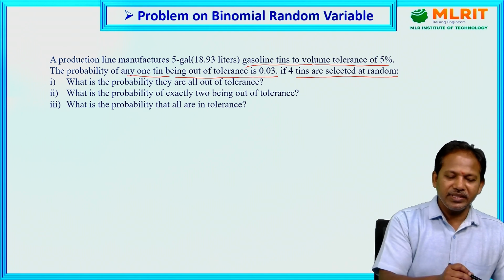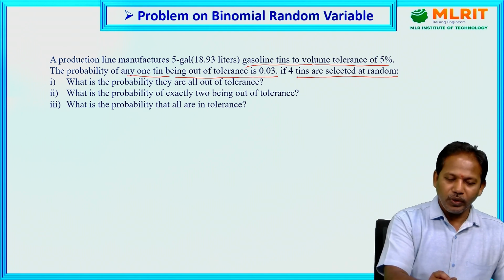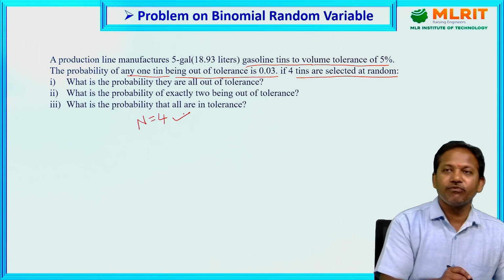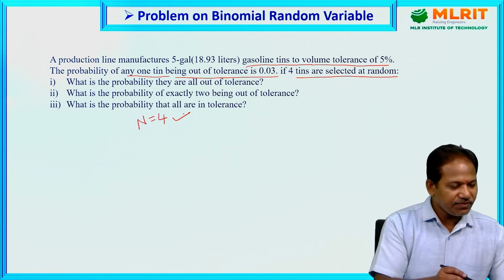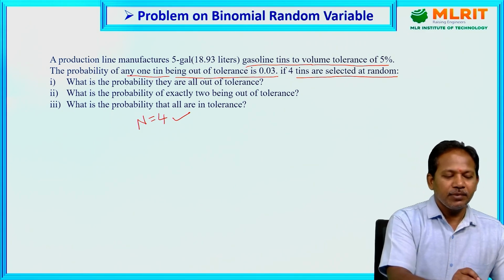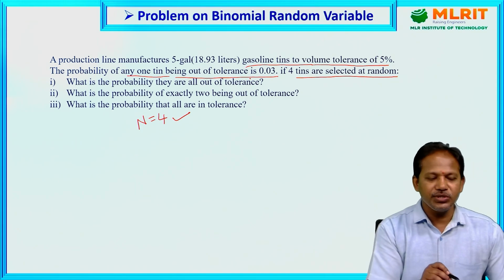Now he is giving the data: we have 4 tins, so the total number of tins is 4. Next, the probability of any one tin being out of tolerance is 0.03.